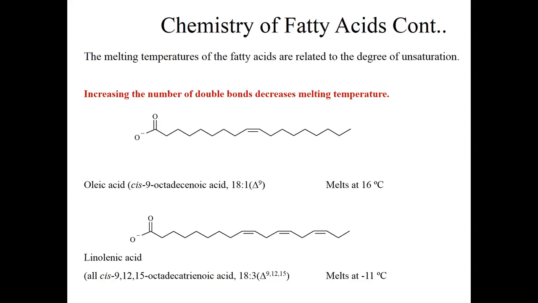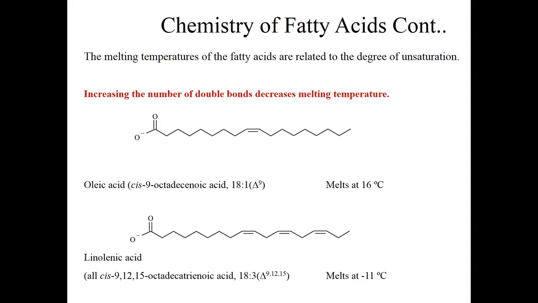Now the increased number of double bonds, in this case, as I mentioned, a cis double bond. If you have more cis double bonds, the temperature required for the molecule to be fluid decreases. Look at this one. Even though they are the same chain length, because it has one double bond, the melting temperature is 16 degrees, so it's going to be fluid at room temperature.